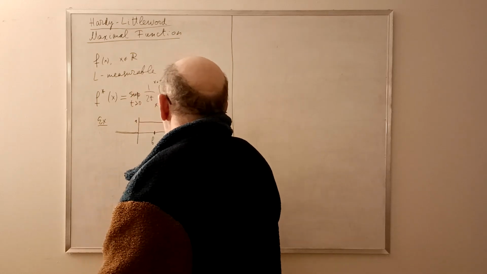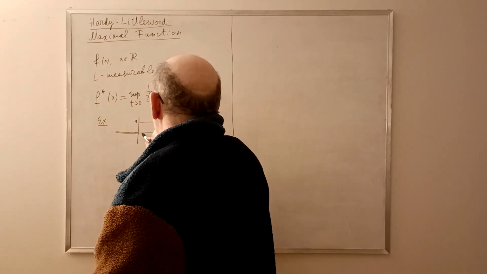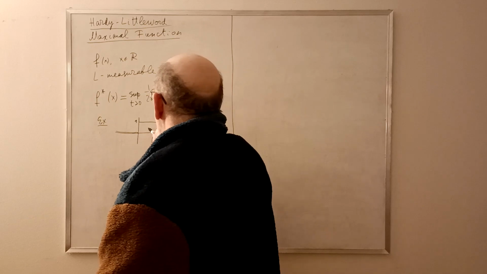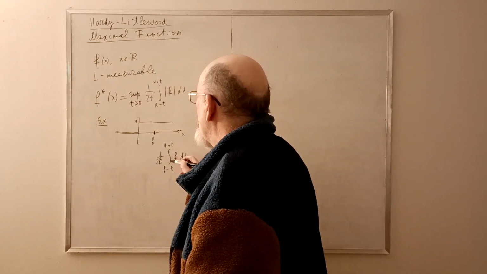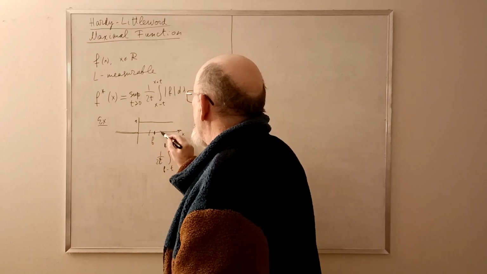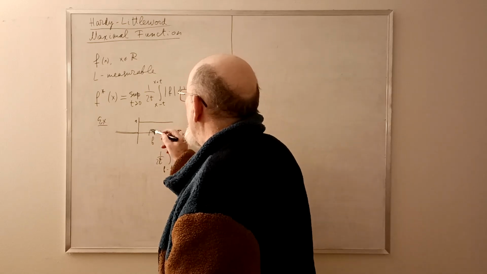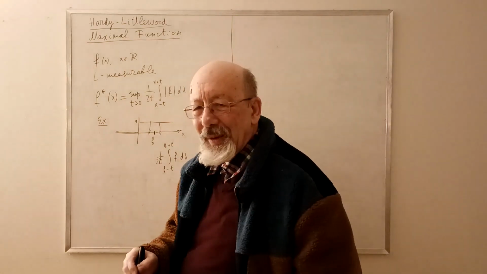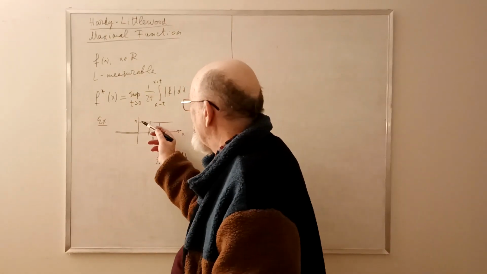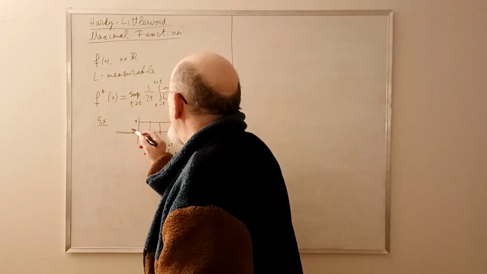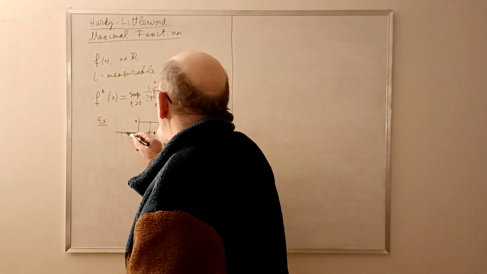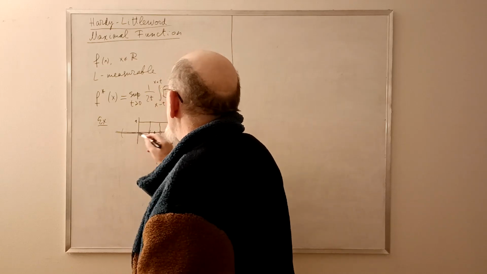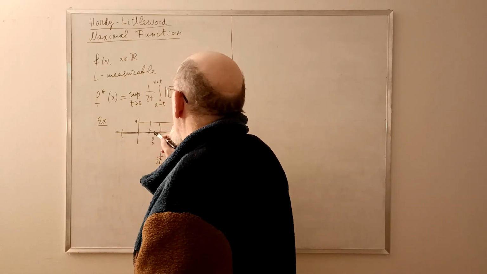If t is less than b, then it is the mean value of the function from b minus t to b plus t. If t is small, then this mean value is 1, because the function is 1 here. If t is larger, then it will be less than 1, because this integral is less than 2t.